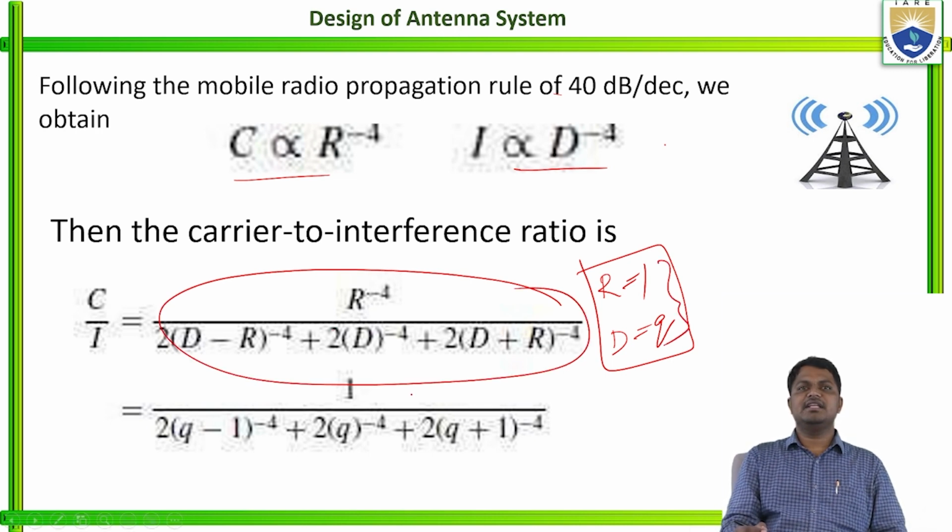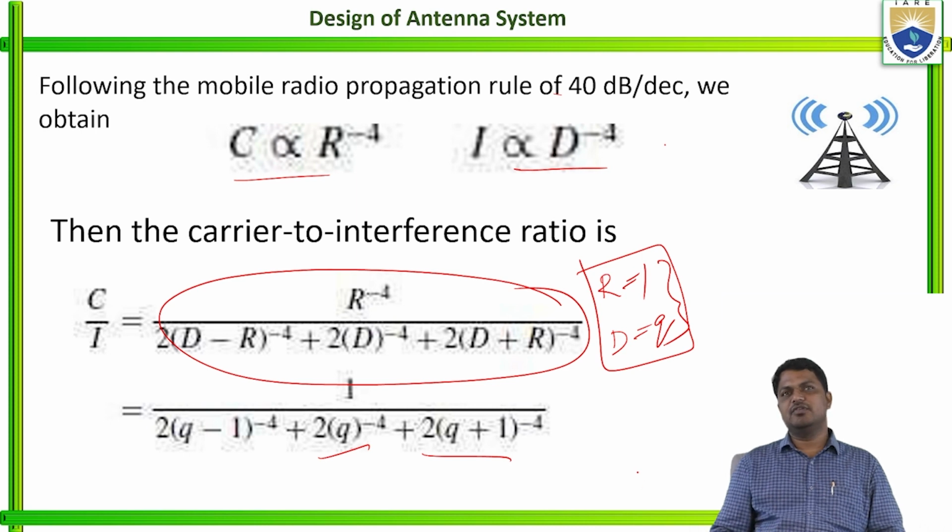Then we get the carrier to interference ratio as 1 by 2 of (Q minus 1) power minus 4 plus 2 of Q power minus 4 plus 2 of (Q plus 1) whole power minus 4. So this is the equation to calculate the carrier to interference ratio.